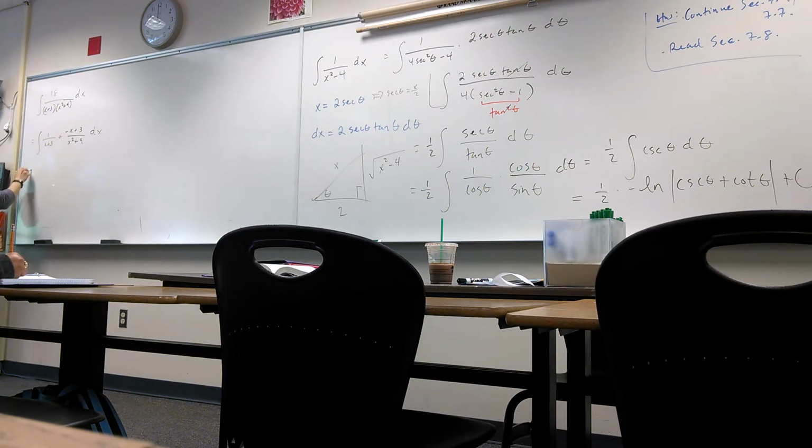Okay? And so now we can break this up essentially into 3 integrals. So we have the integral of 1 over x plus 3. Is that obvious? Okay? Plus, now this one, the integral of negative x plus 3 over x squared plus 9. You can't do another partial fraction there because x squared plus 9 is an irreducible quadratic.